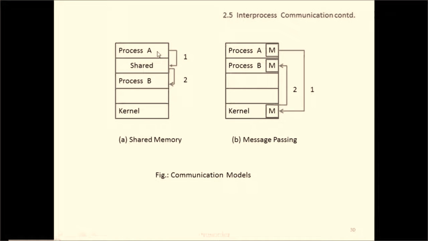Now A has been allocated this part of the RAM, B has been allocated this part of the RAM, and what they are saying is this part of the memory is being shared by processes A and B. Also, the arrows indicate that in this shared part, process A is pushing data, and this arrow indicates that process B is reading data from the shared memory.